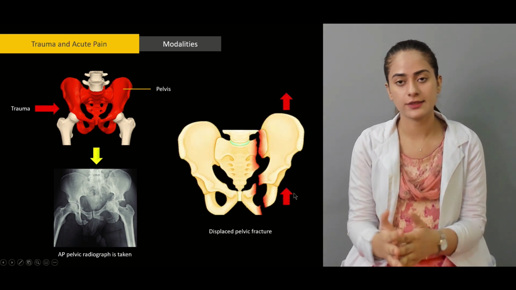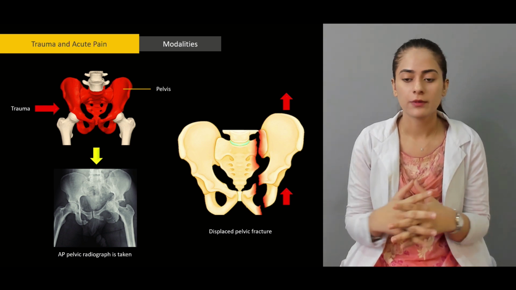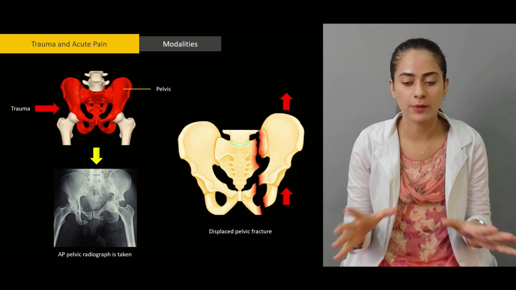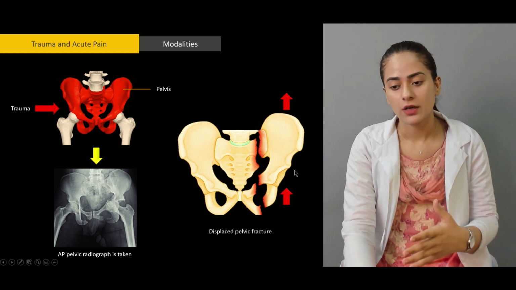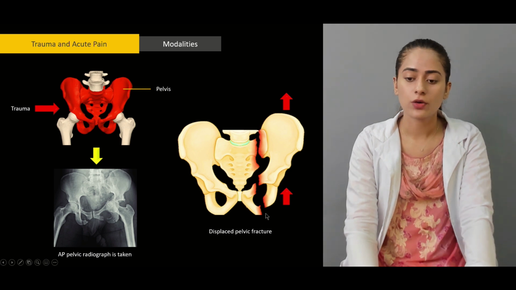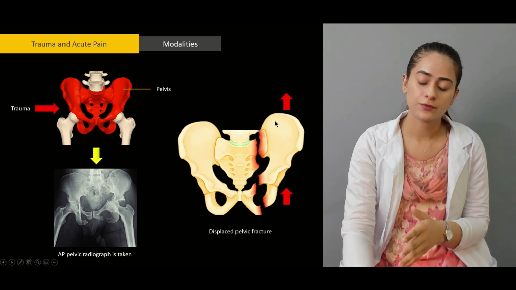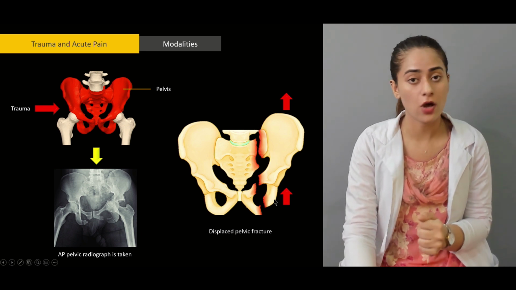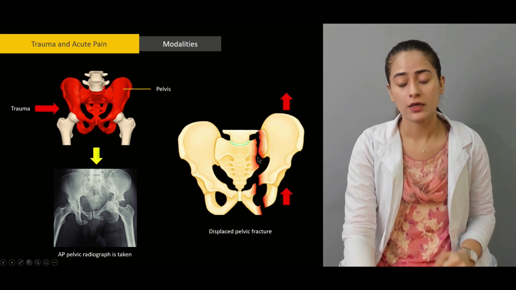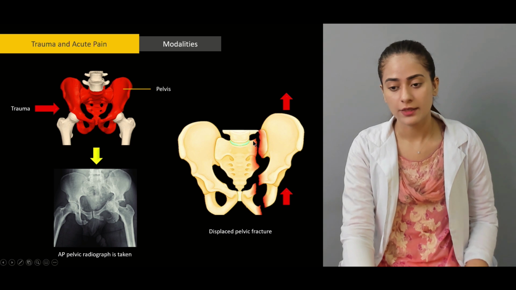Now here, this is displaced, like I said, because of the push and pull mechanism. Mostly the push is dominating. So obviously this is going to be the pull and this is going to be the push, right? This entire pelvis bone has been dislodged because of fracture, and the sacroiliac joint is no more.